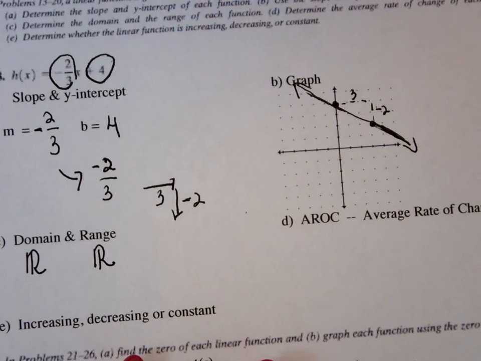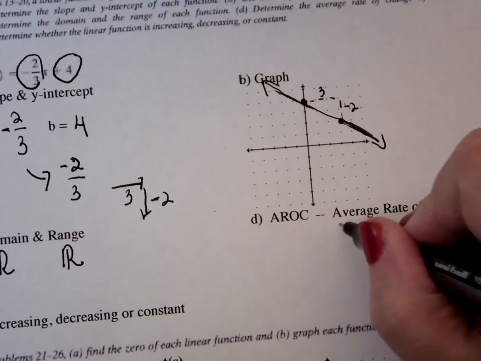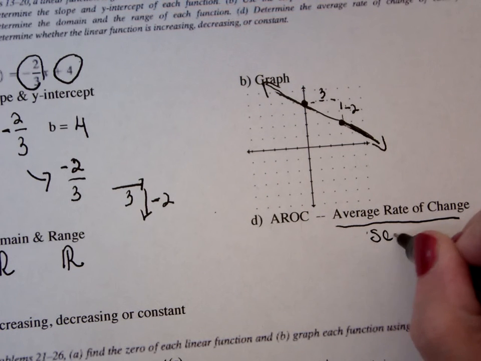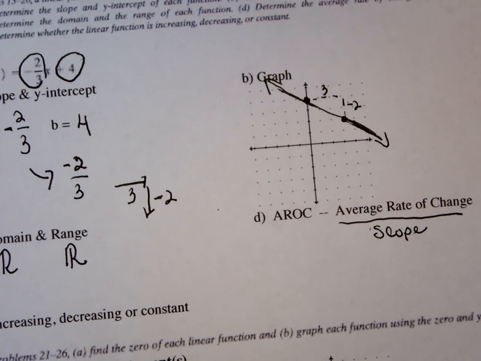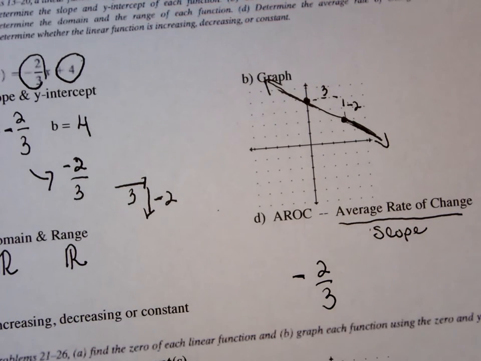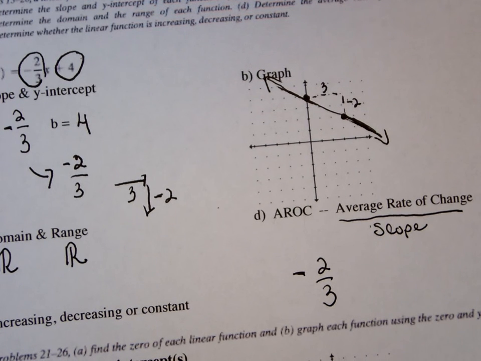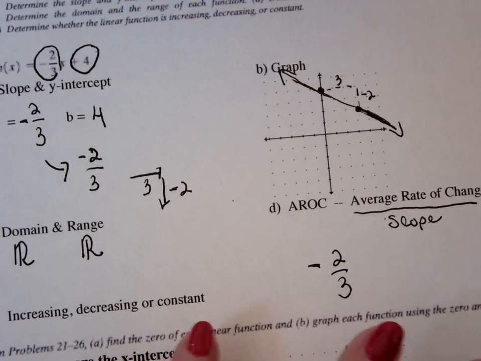Now, AROC is the average rate of change. We know that the average rate of change is just the slope. So the average rate of change is negative 2/3. This is the slope of the line. Now, is this increasing, decreasing, or constant?